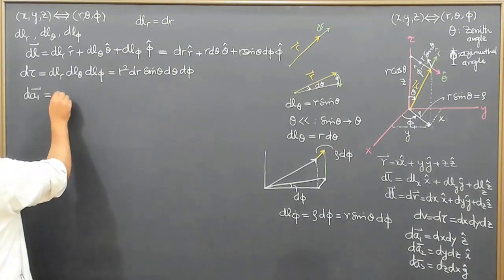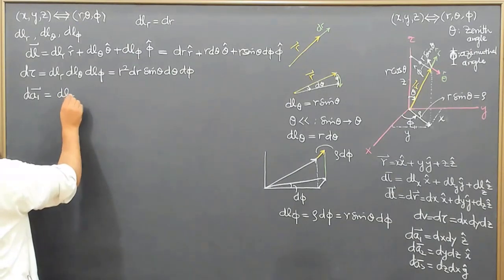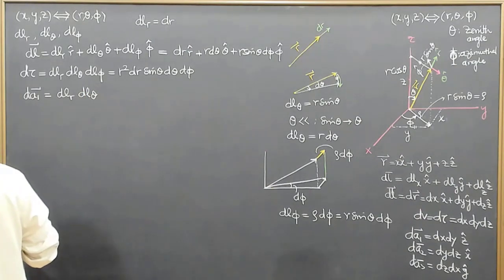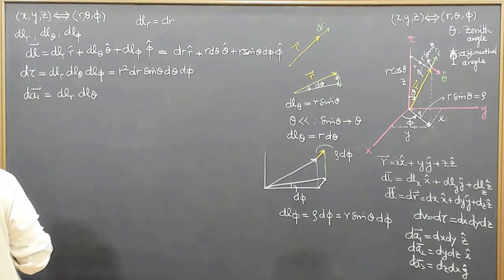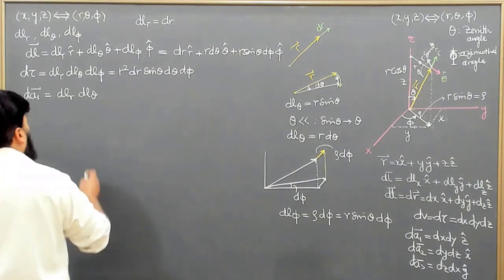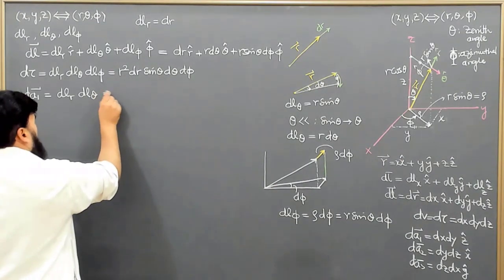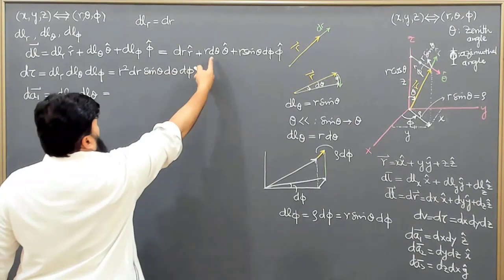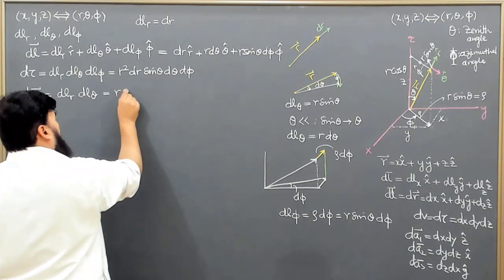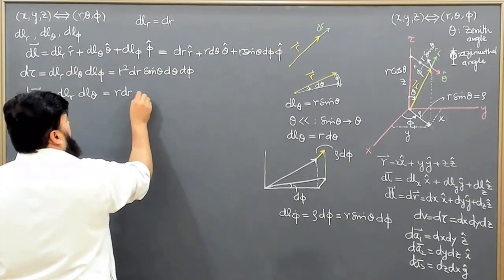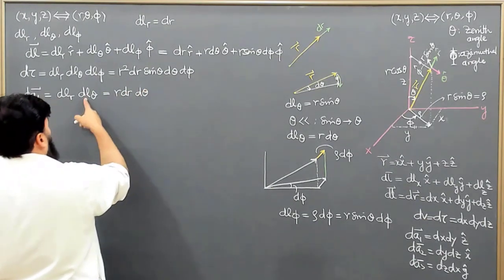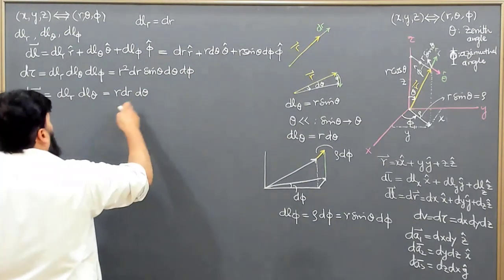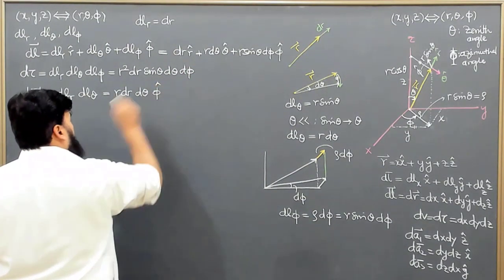Let's say I multiply dl_r and dl_theta. dl_r is dr and dl_theta is r d theta, so we have r dr d theta, and it will be in the phi unit vector.